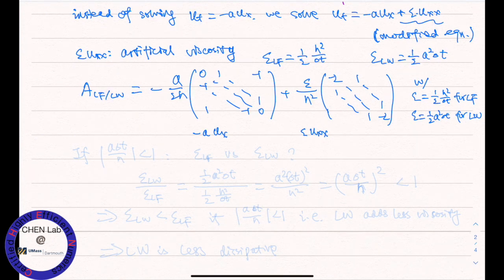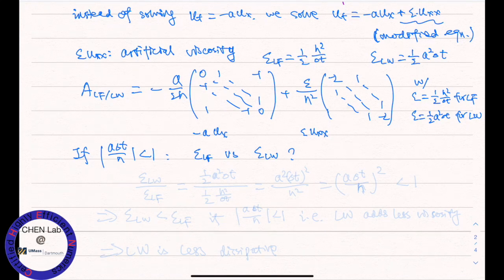However, one more thing I want to point out is that, as with Leapfrog, we have the condition that a delta t over h is less than 1. We want to get some sense of how much viscosity each of these schemes adds to the equation.